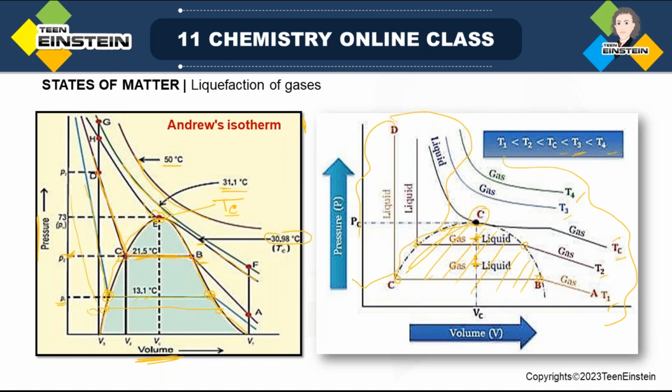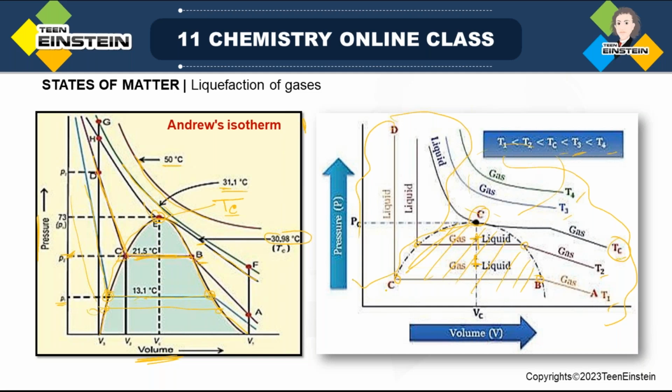So TC is that temperature, this black line, above which liquefaction is not possible. See, if you are in this zone, whatever is the value of pressure, because we know when you increase pressure, the particles are coming close to each other and liquefaction is possible. But once you cross this TC, even if the pressure is very high, then also it will not help.